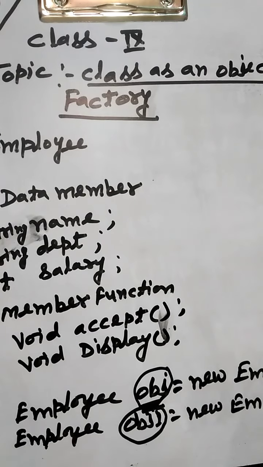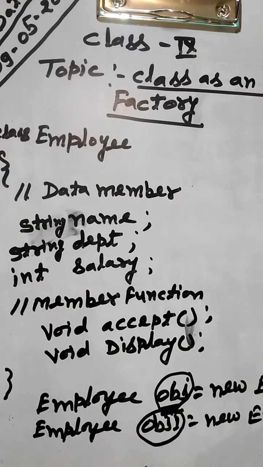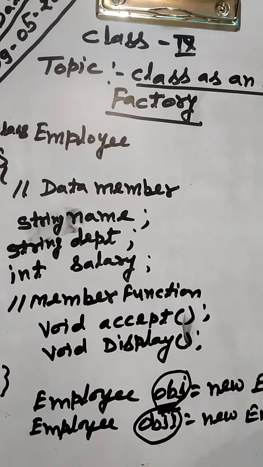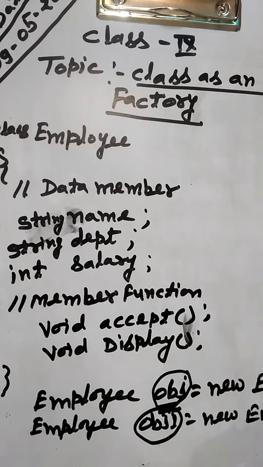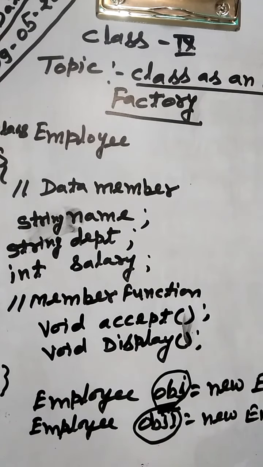The next one is: a class is a user-defined data type. Why is a class called a user-defined data type? Primitive data types are not sufficient in the real world. We have much more complicated objects. Classes combine the data members and member functions. A user may create a data type and declare certain characteristics and behavior within it.